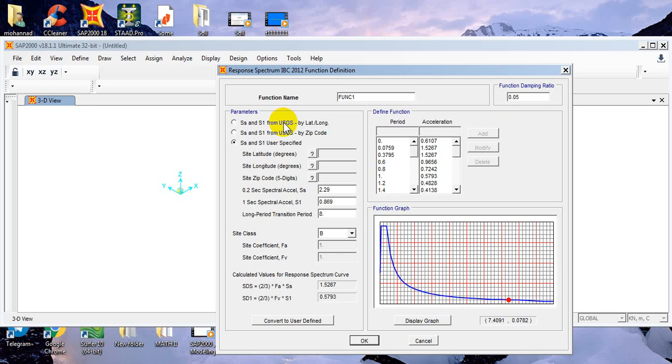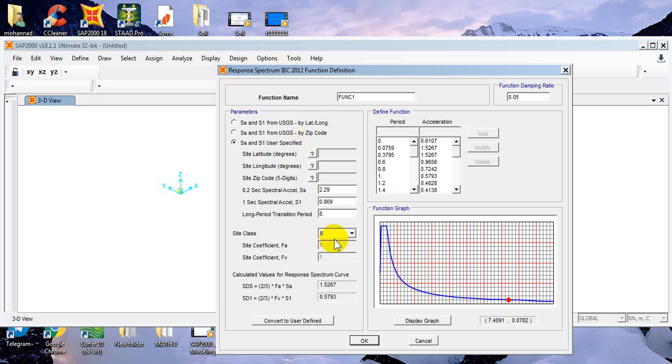So in functions here, the type of function is response spectrum. IBC 2012, what does it mean? It means that this is a code. So there are many codes I can use for every function. So I know about the function and the code. Both offer us many options.